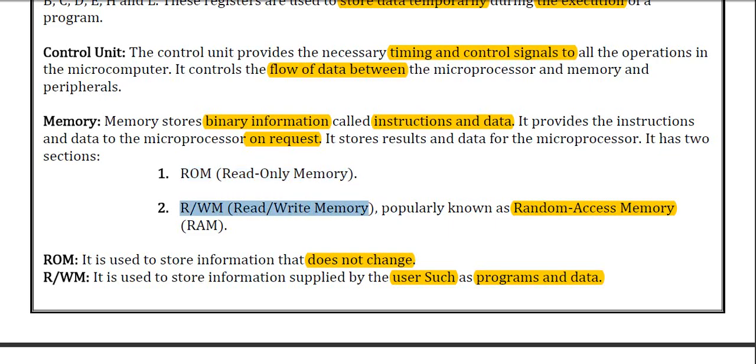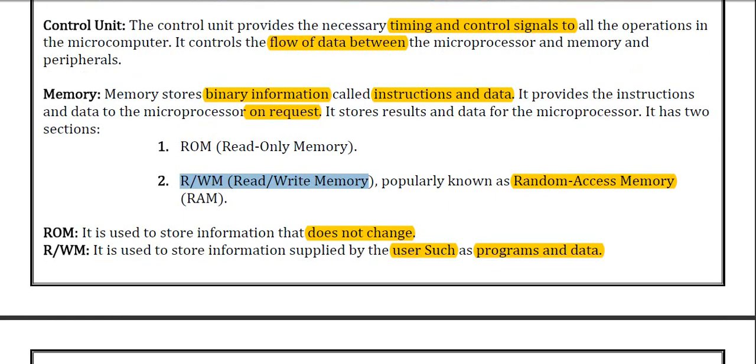Now the read-write memory section, also known as random access memory or RAM, is used to store information supplied by the user, such as programs and data. If you write something on the RAM but suddenly turn off the power of the computer, RAM is a volatile memory and will erase all the data situated in it.